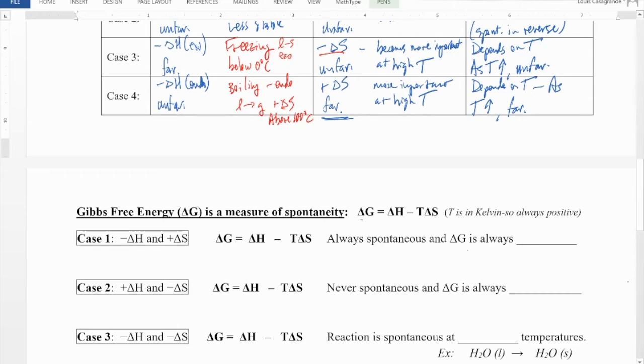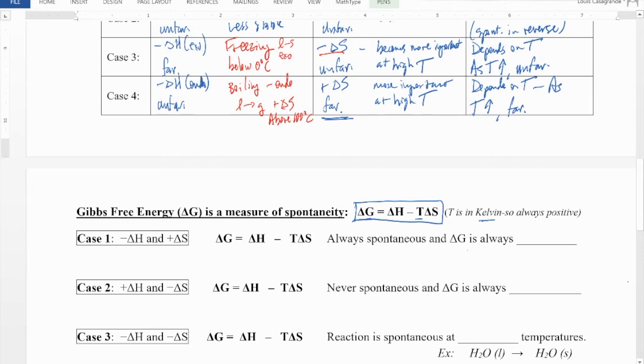So the delta G, and this equation is on your reference chart, so you never have to memorize it. Delta G is equal to delta H minus T delta S. And there's that temperature coming in that I talked about. The temperature has to be in Kelvin so that we always have a positive T, and so that when you multiply it by the delta S, it doesn't change the sign at all.